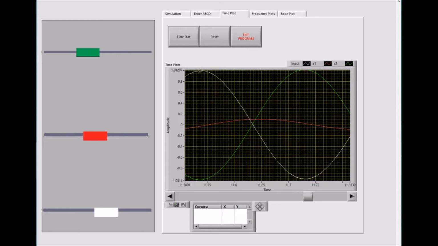So here the peak occurred at 11.54 seconds, and then the peak in the output occurred at 11.65 seconds. So the difference is about 0.11 second. That's a time lag.